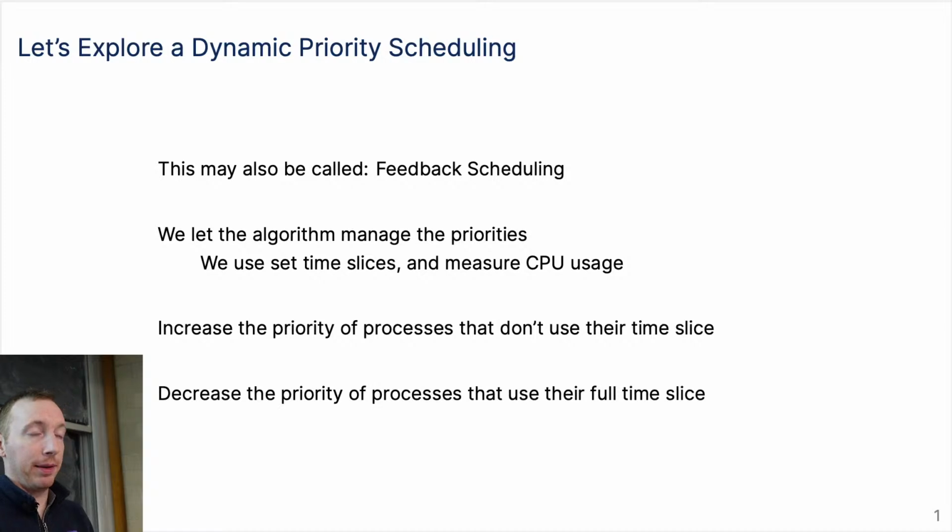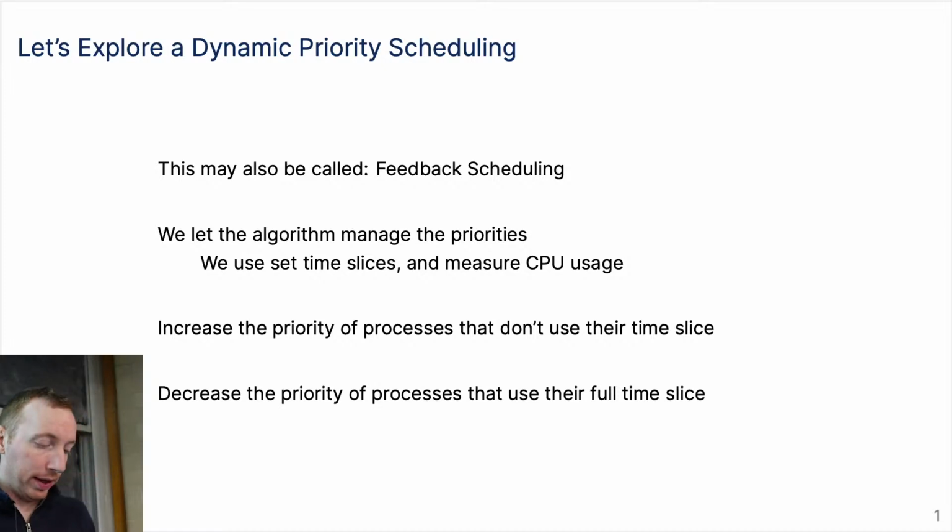So this dynamic scheduling, where you dynamically change the priority of a process as you're doing scheduling, might also be called something like feedback scheduling. And you basically create an algorithm to manage the priorities for you, and otherwise your scheduling algorithm is pretty much the same as we saw before.